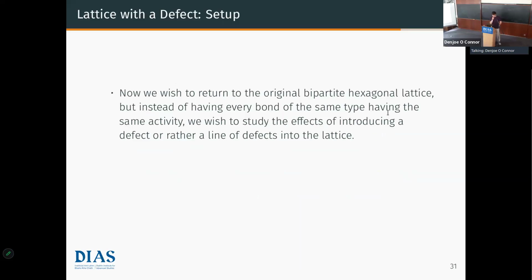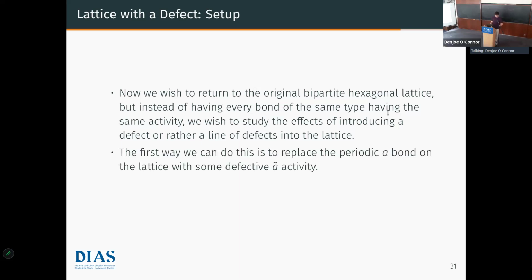So now what I wanted to look at was what happens when you introduce a defect into these lattices, and basically see if anything pops out of that, any strange things. So we're going back to our original bipartite hexagonal lattice, but instead of having every bond of the same type have the same activity, we want to see what happens when we introduce a line of defects.